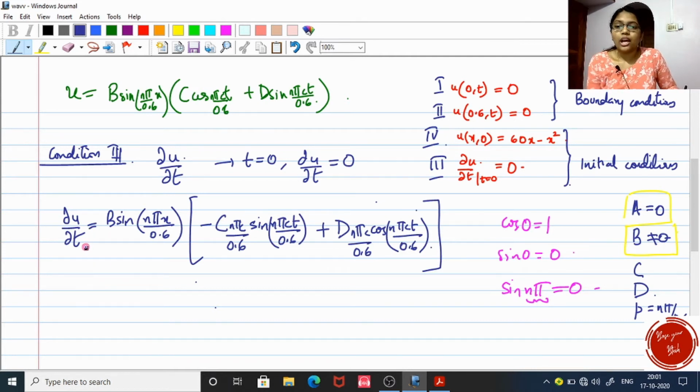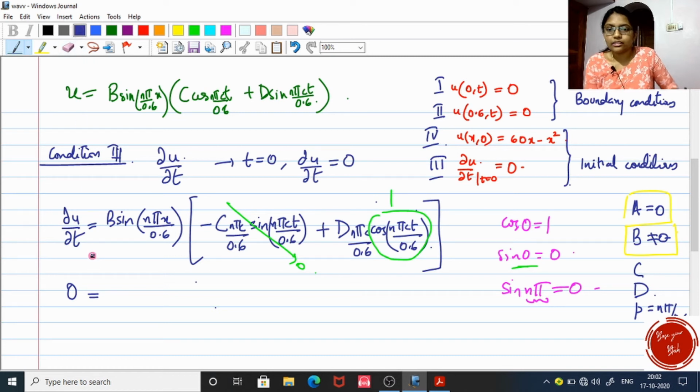So here comes the derivative of u. And now we need to substitute t equal to 0 and dou u by dou t equal to 0. That means the LHS becomes 0 and t is also 0. When t becomes 0, what happens? Here it is sine 0. So this term completely goes to 0 because sine 0 is 0. And what about here? Cos n pi c into 0. So cos 0, this completely is going to turn as 1.